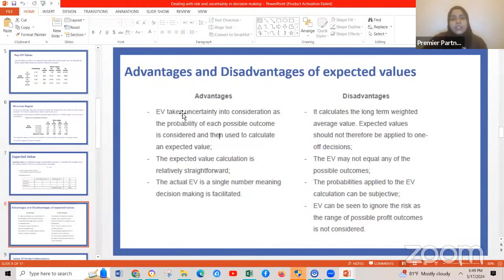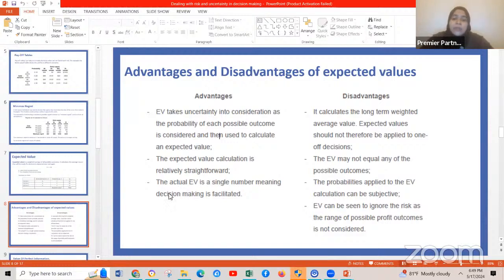Expected value takes uncertainty into consideration as the probability of each outcome is taken and then used to calculate the expected value. So you are taking into account uncertainty when calculating expected values because you're taking the probabilities into consideration. The expected value is relatively straightforward.